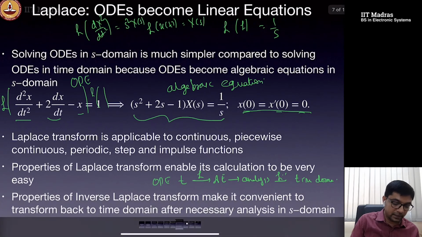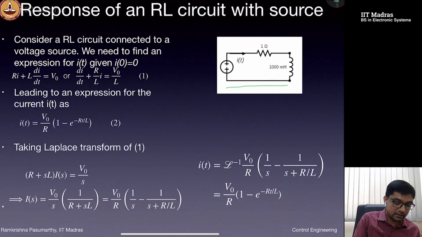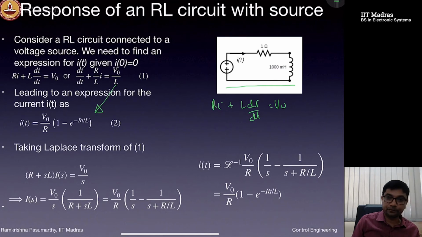Okay, we'll see with the help of an example. In an earlier lecture, we had this nice looking RL circuit where I just wrote down Kirchhoff's law. So I had Ri plus L di by dt equal to V0, leading to a solution of this form. What do I do? I just do Laplace on both sides.